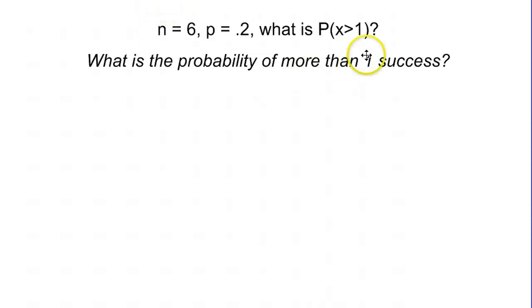The next one is again a complicated one because we are going greater than. The number of interest here is 1, so I'm going to do my list 0, 1, 2, get one number on either side, and then I can just skip up to my 6. I want to know the probability that x is greater than 1, more than 1, so it does not include 1, it starts at 2 and goes up. I can't do that in my calculator directly, so I split the list in half, and I find the left side of this list, the probability of 0 or 1.